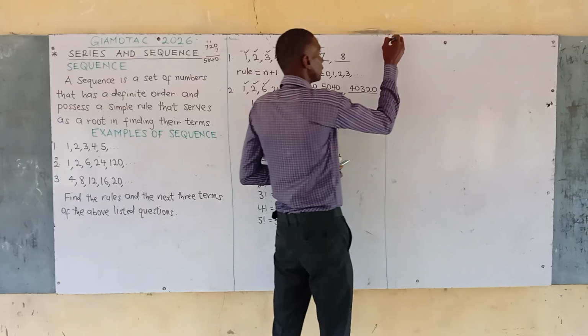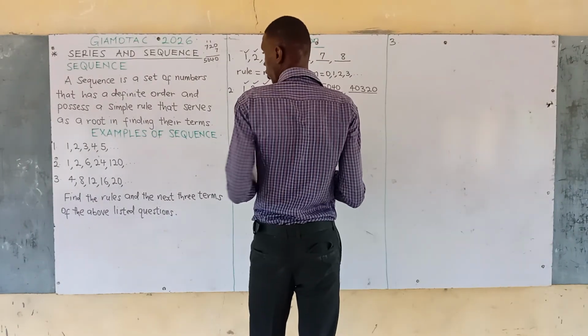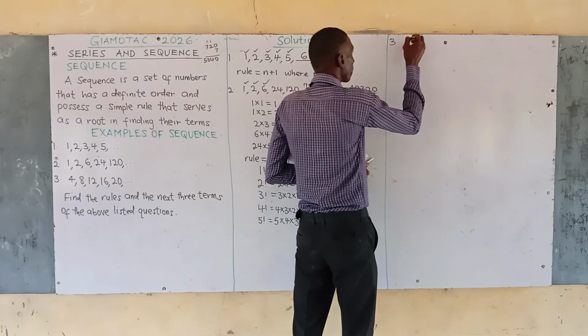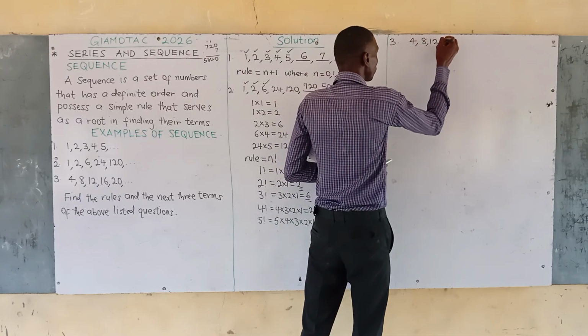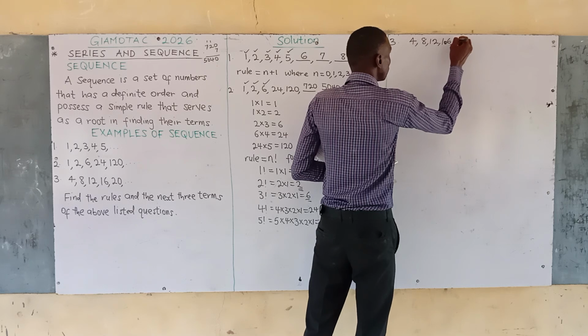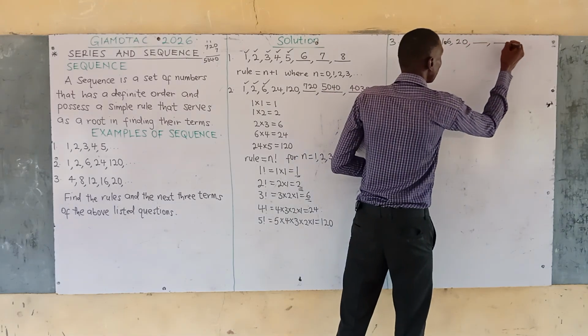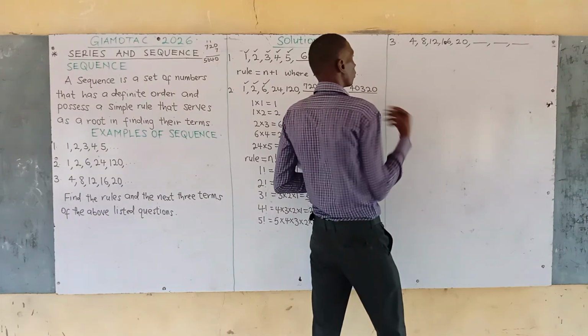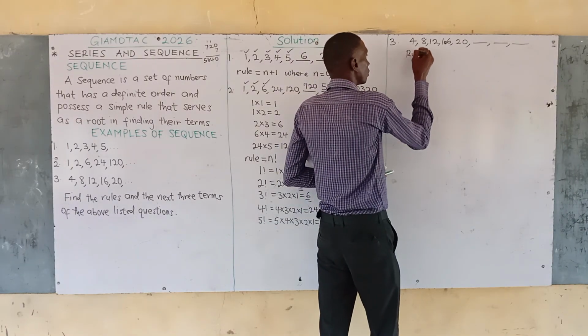Now for the last one, before we call it a day for today, what are we going to have? We are having 4, 8, 12, 16, and 20. We have to find the next 3 terms. What are we going to have? What will be our rule?